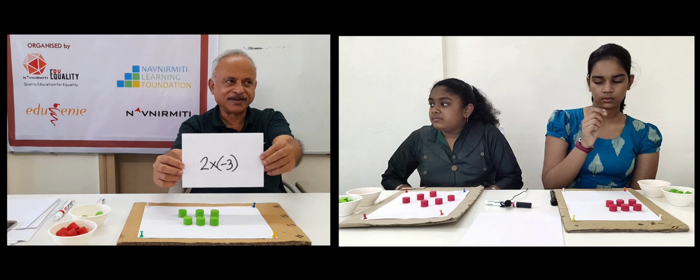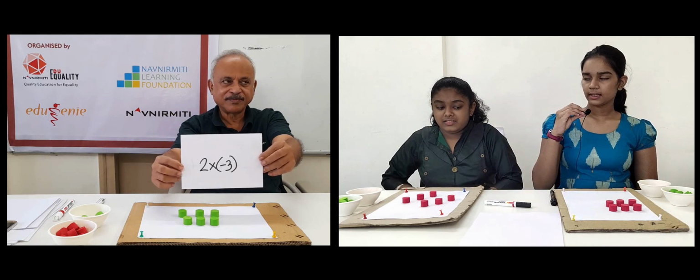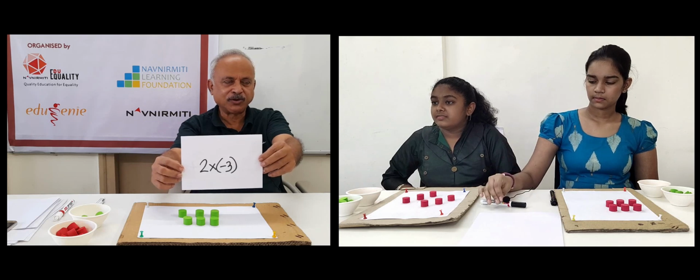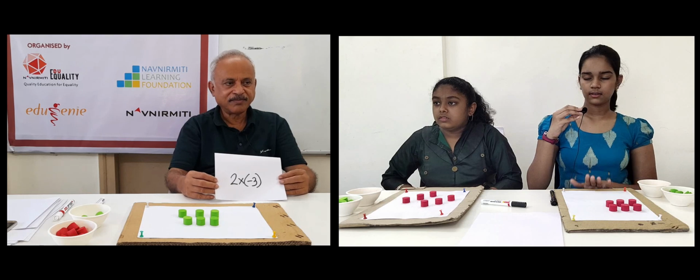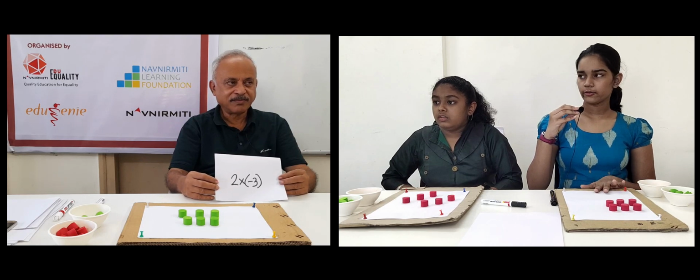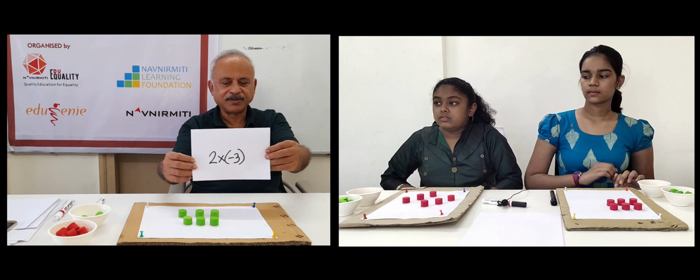You already have the answer. Nandita, what is the answer? Negative 6. And how did you do it? Can you explain? I took negative 3 once and then took negative 3 again, which gave me negative 6. So the answer is negative 6.